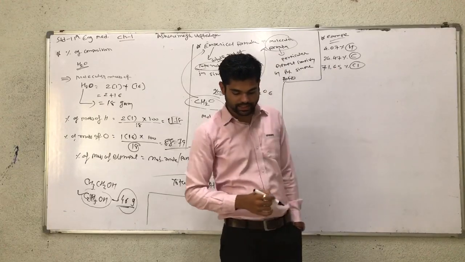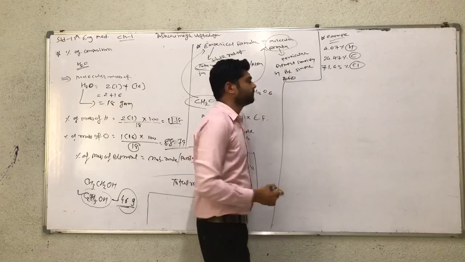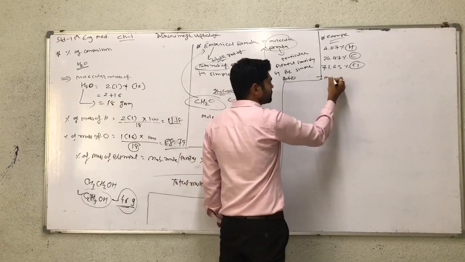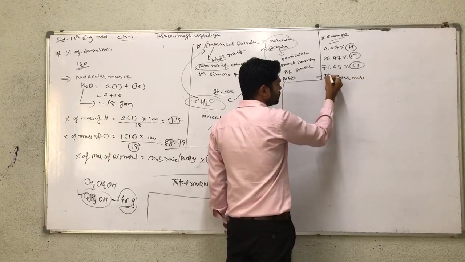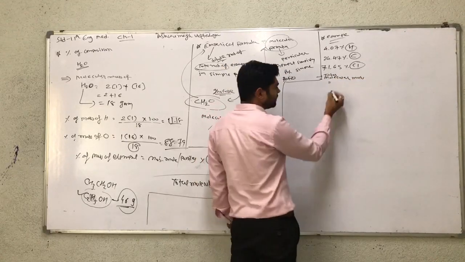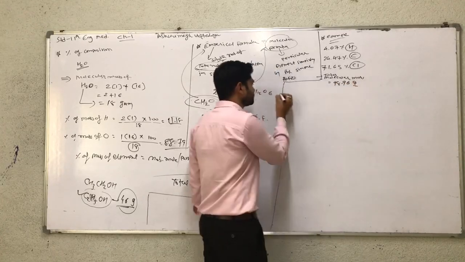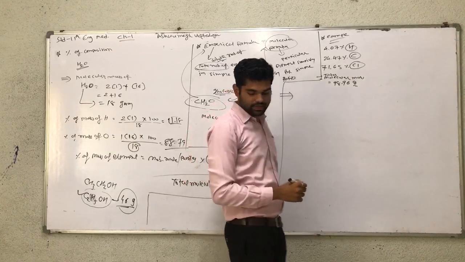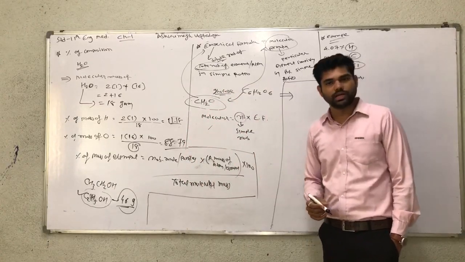Now find the molecular formula of the compound. Another value given is the total molecular mass, 98.96 grams. So let's start with the example and find the molecular formula and empirical formula of the compound.